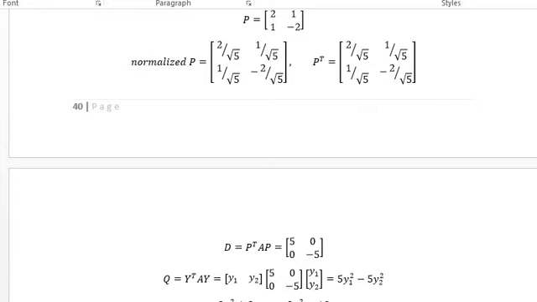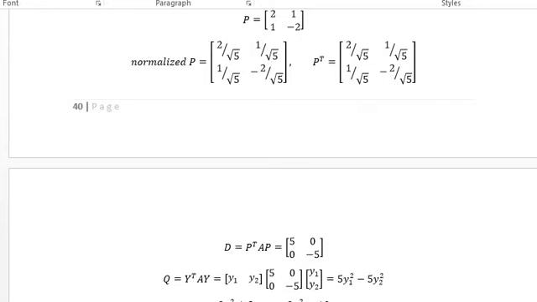The third step is we have to normalize this. Normalization means x by norm x. So the normalized P will be equal to: first row, 2 by root 5 and 1 by root 5; second row, 1 by root 5 and minus 2 by root 5. We get the normalized P as x by norm x, where norm x is the square root of x1 square plus x2 square.